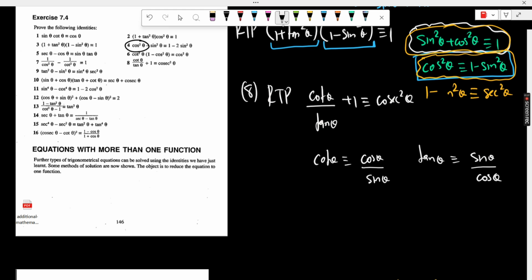That is one approach. So you divide that fraction, add it to 1, and then simplify. Or you could say that, for instance, cot theta is equivalent to 1 over tan theta, and use that instead, and then simplify the left-hand side. So try either approach and see if you can do that one, okay?